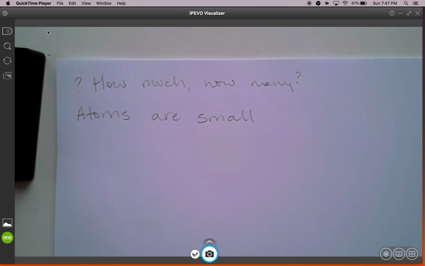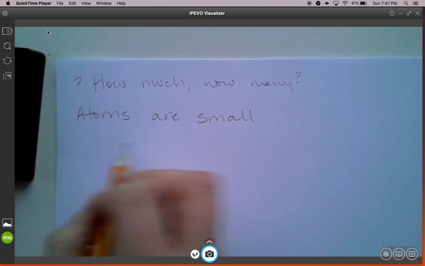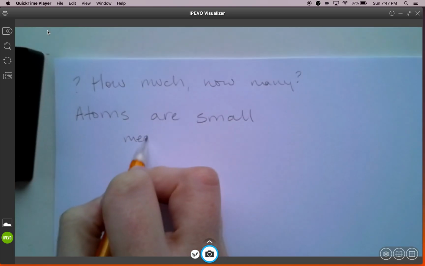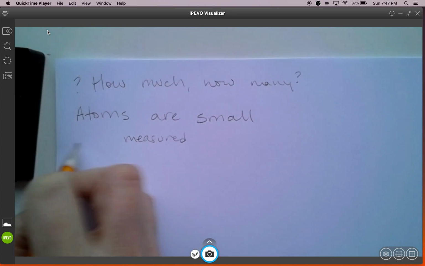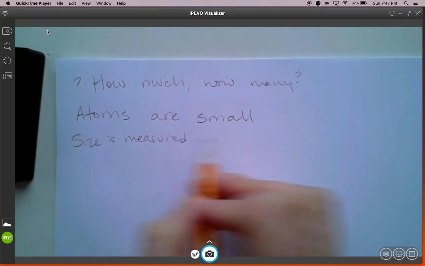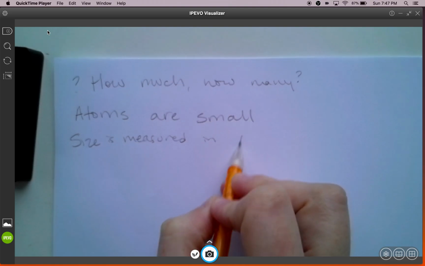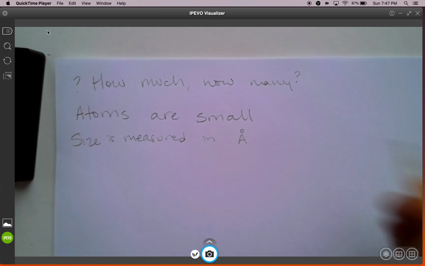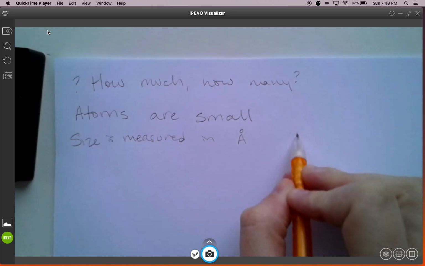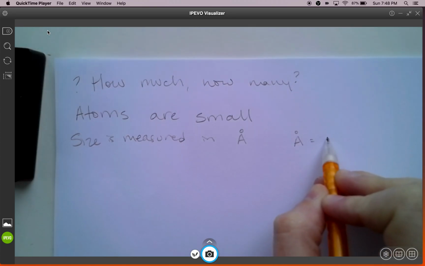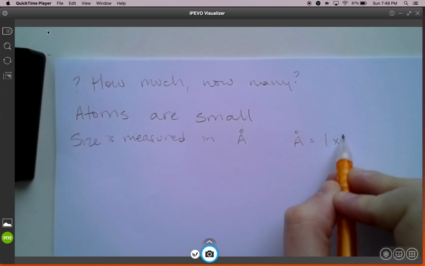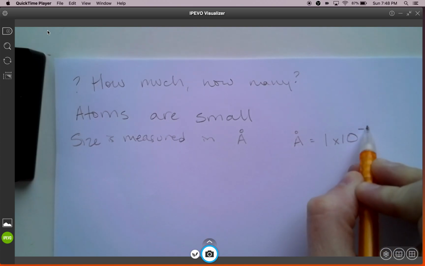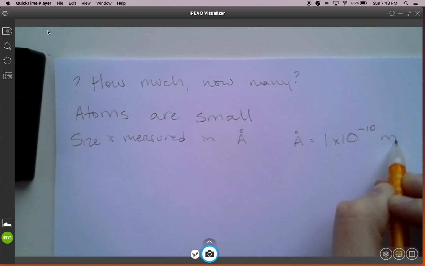The size of an atom is measured in angstroms. This cute little A symbol is how you measure the size of an atom. You're like, that's cool, but what does that mean? An angstrom is 1 times 10 to the negative 10 meter.